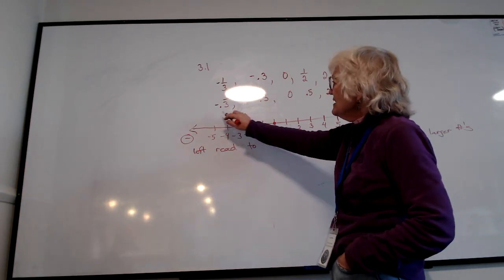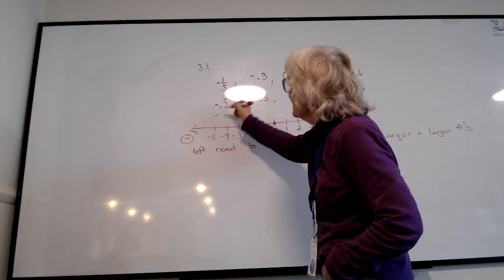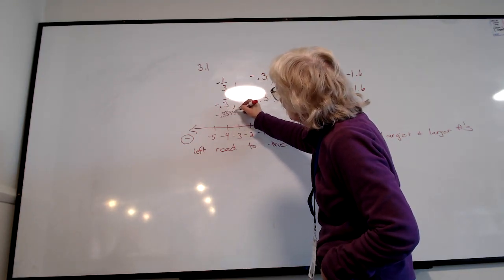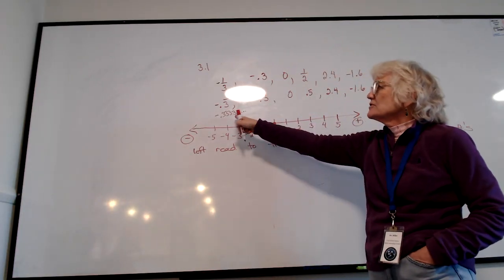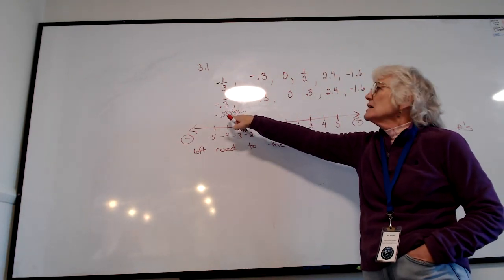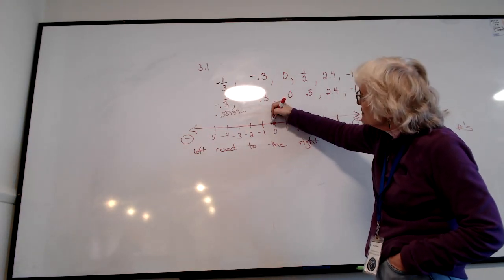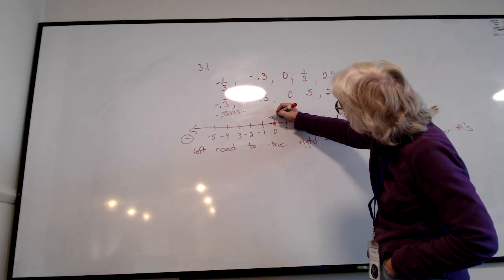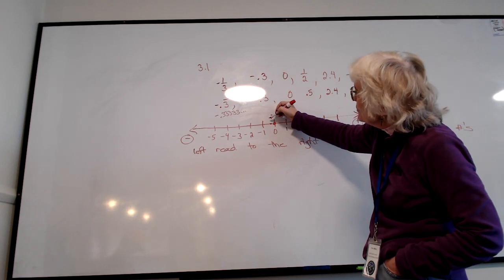Okay, these look the same, but in reality, this is negative 0.3333, and it continues on. So that number is actually smaller than this number, because if I go to 0.3, that's about right here. So this is negative 0.3.